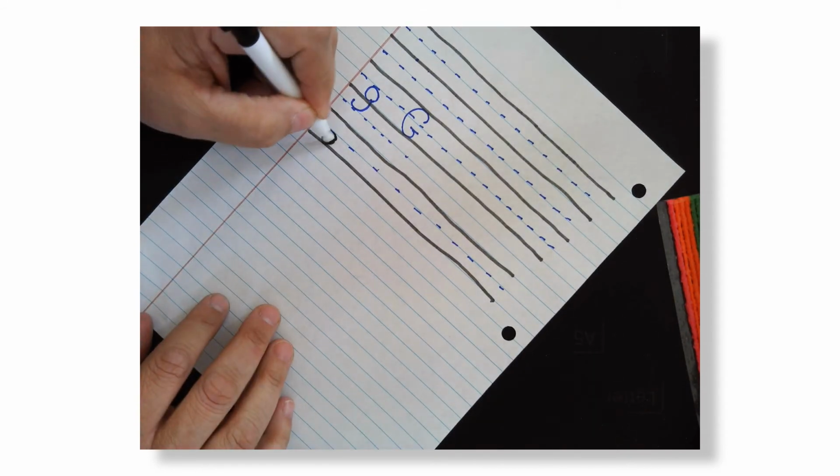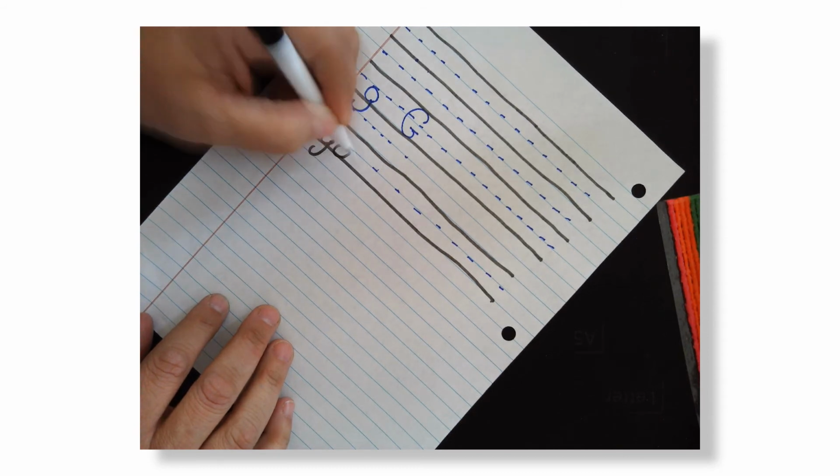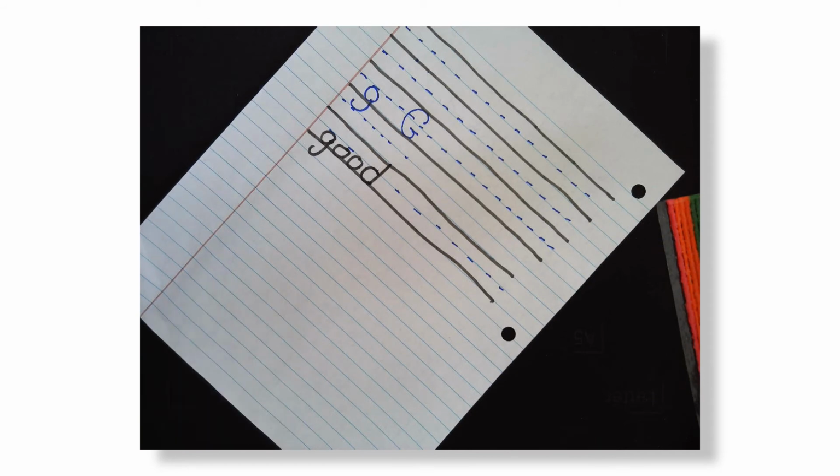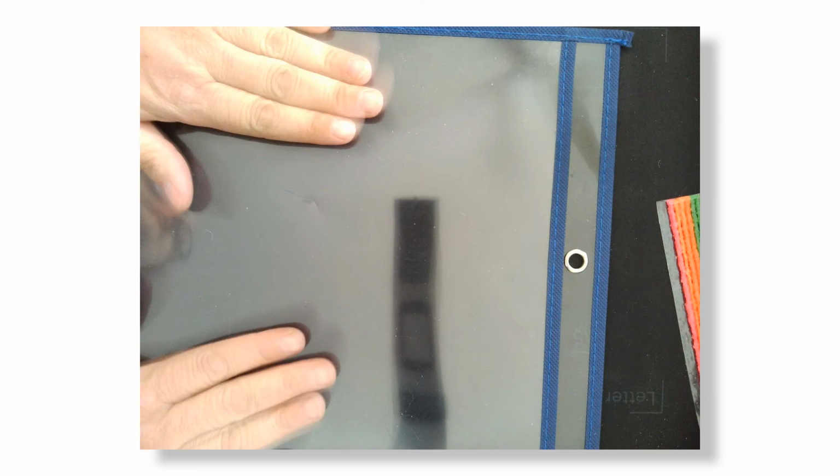So this allows you to practice writing with going and staying under and over the line. Now my other favorite thing is using something like this. I got this at the dollar store, and all it is a folder that you can put paper into, right?